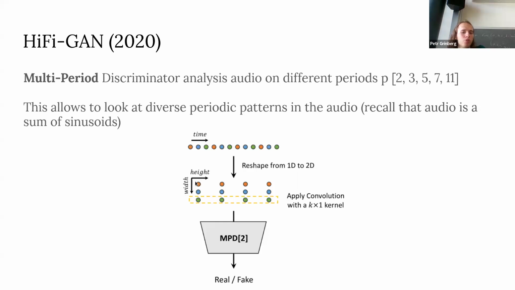You don't want to process inputs from different periods, you want to process them independently. So your convolution has filter k by 1. This means that on height you have a filter of length k, and on width you have a filter of length 1. So you process only sequences which are in one period. And basically, multi-period discriminator does just this.